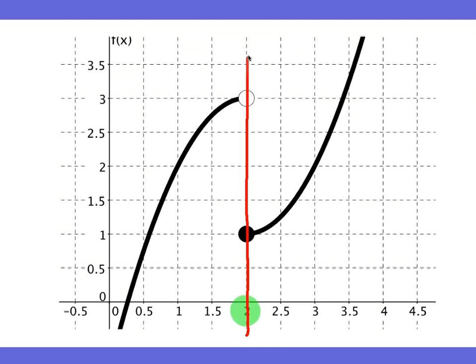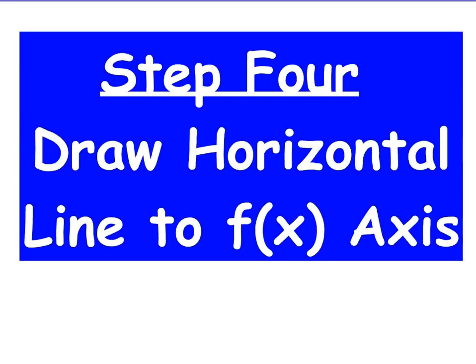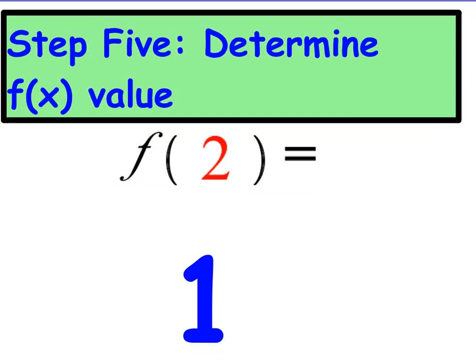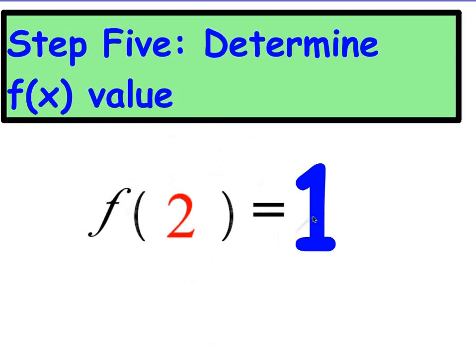Now notice, it only crosses once. It does not touch up here, it only touches here. Now we draw a horizontal line back to the y-axis, and guess what? We get 1 back. So when you're evaluating a function, you have to be careful, because for holes especially, it's not touching at the hole, it's only touching here. So the actual y value is 1, and therefore f of 2 is equal to 1.